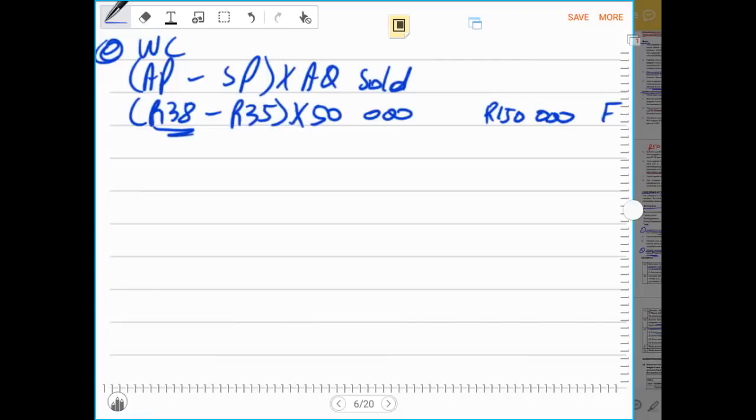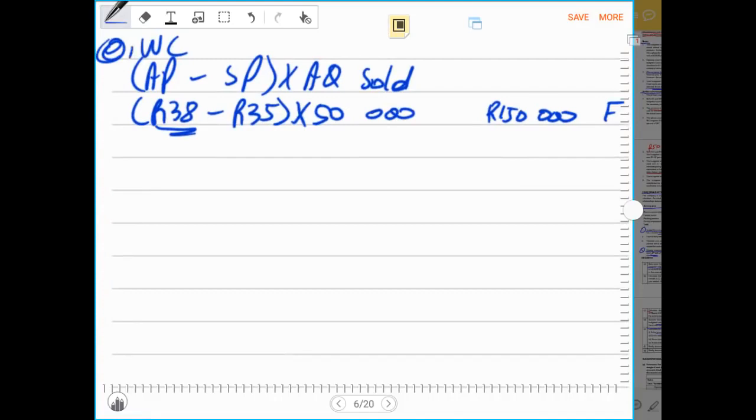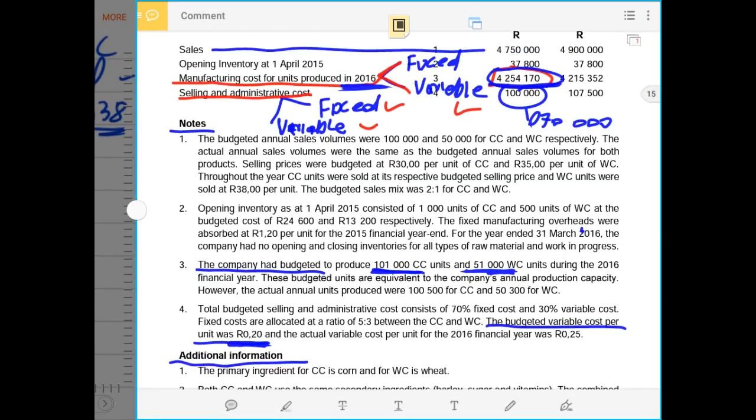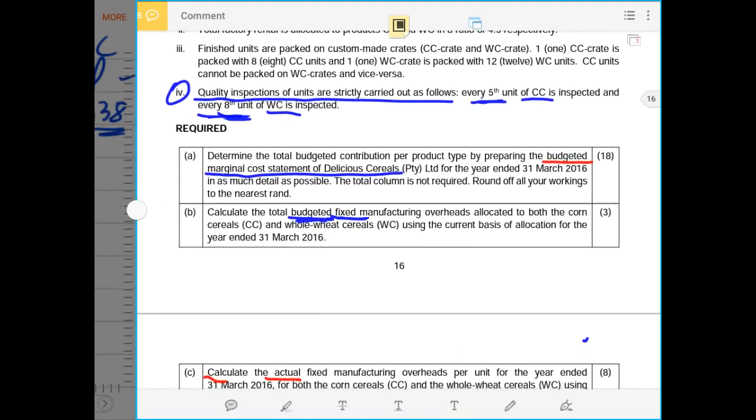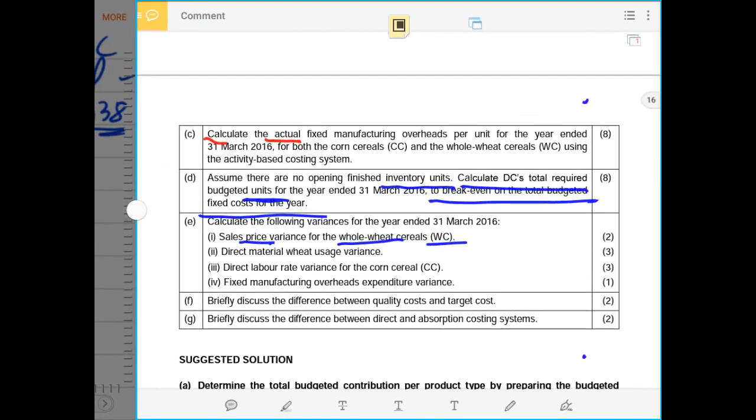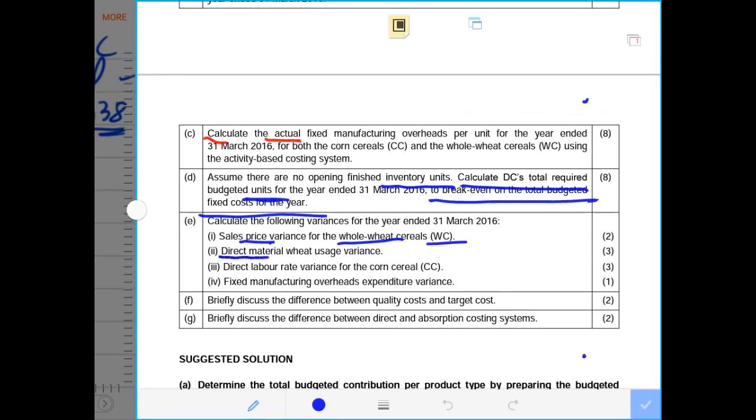That was the first variance that was required, which was Roman figure 1. We proceed, and Roman figure 2 will be another variance that we are required to do. The second requirement is the direct material usage variance, and it's for the wheat.